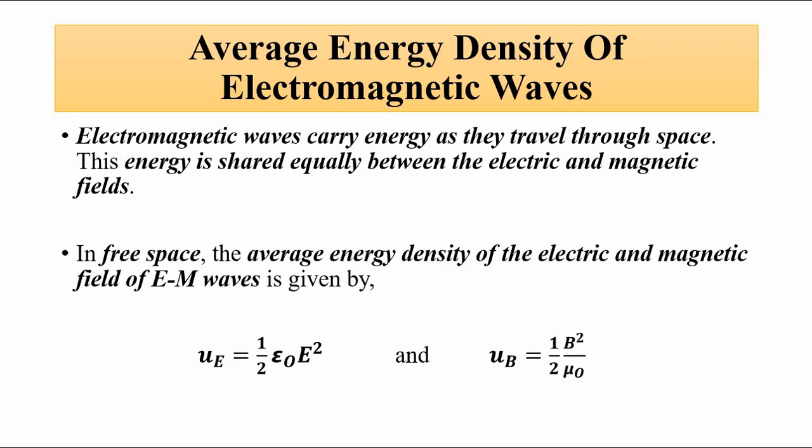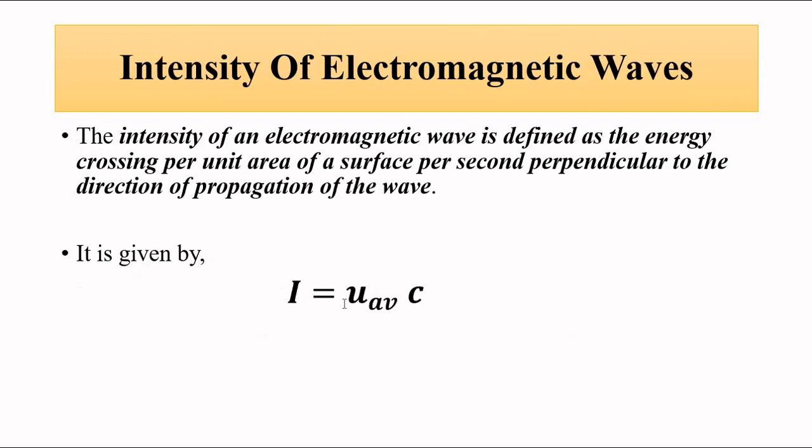So the basic thing is that intensity is simply average energy density multiplied with the speed of the electromagnetic wave. For free space, this is the expression, because the speed of the electromagnetic wave in free space is c, which is equal to 3 into 10 to the power 8 meter per second.